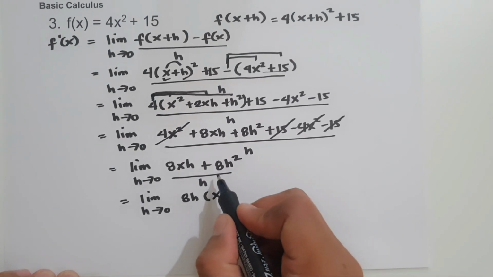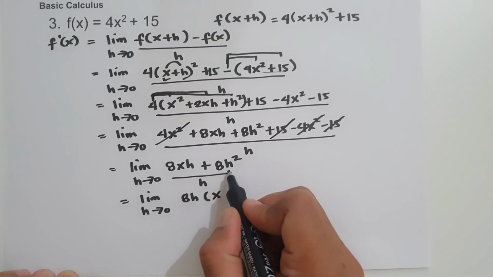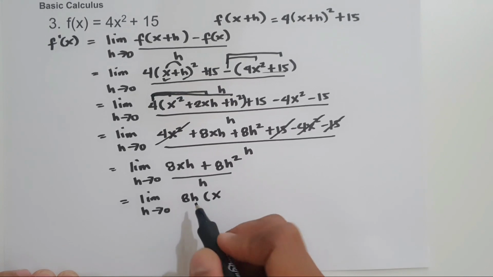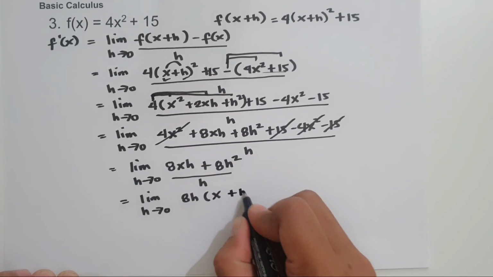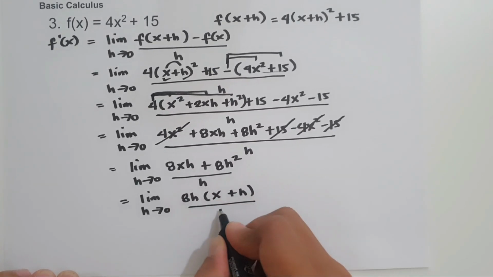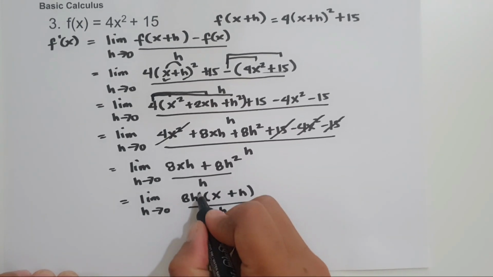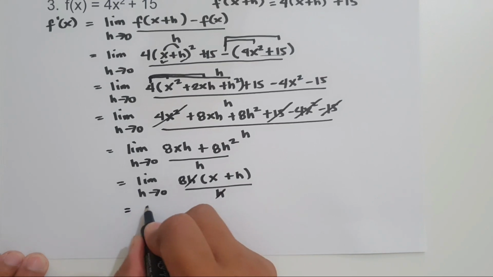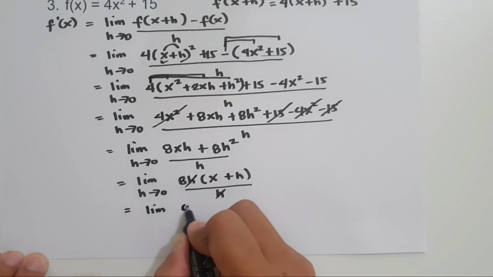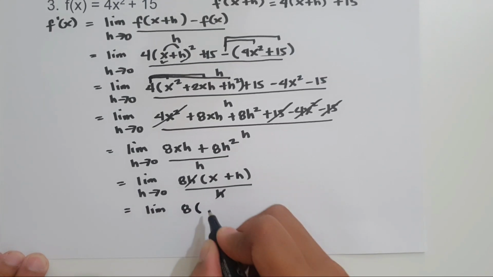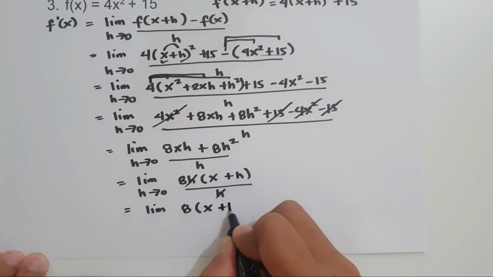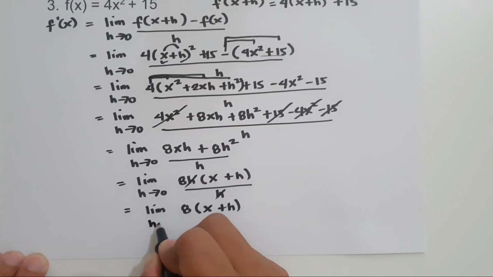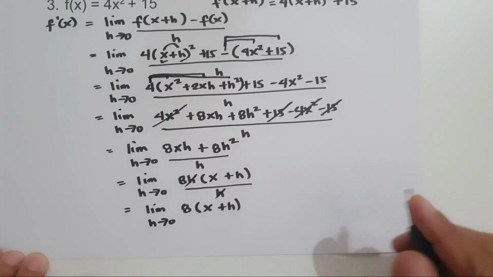And then we have 4h squared divided by 4h, that is simply h, all over h. So we can cancel this one. This will give us limit of 4 times the quantity 2x plus h as h approaches 0.